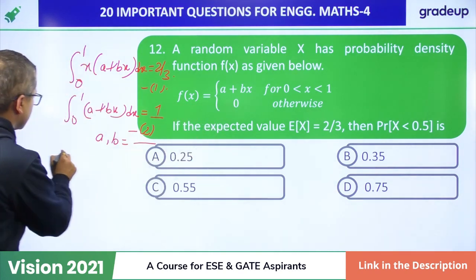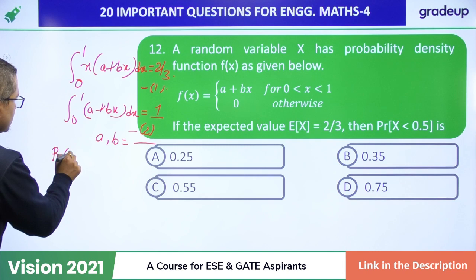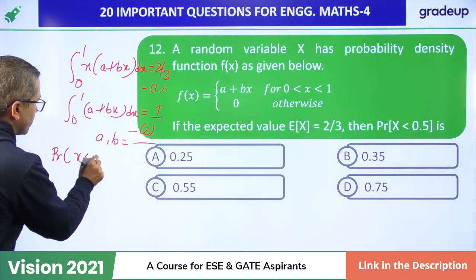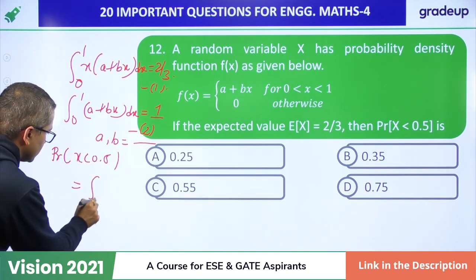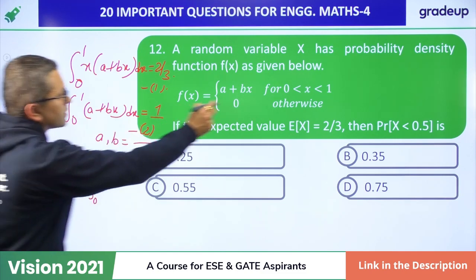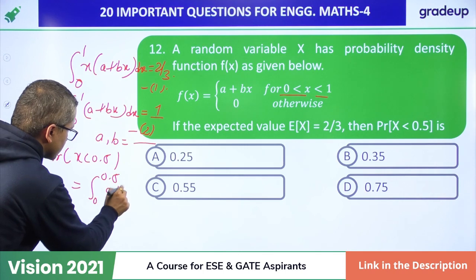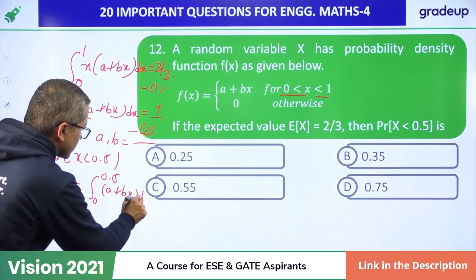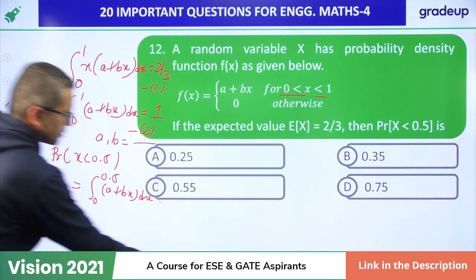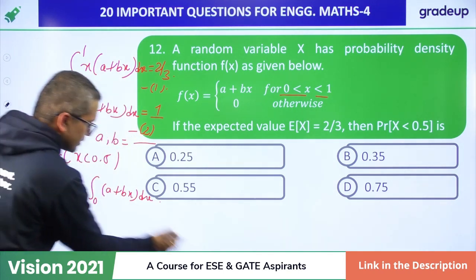Then what is the probability of x less than 0.5? That is nothing but the integral from 0 to 0.5, because it's starting from 0, of a plus bx dx. If you integrate the probability density function, you get the probability.